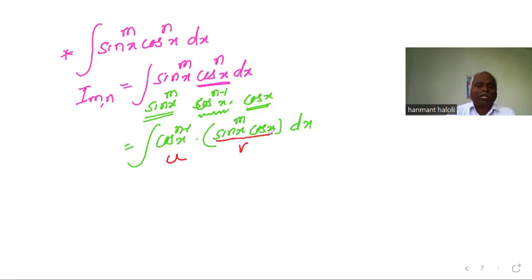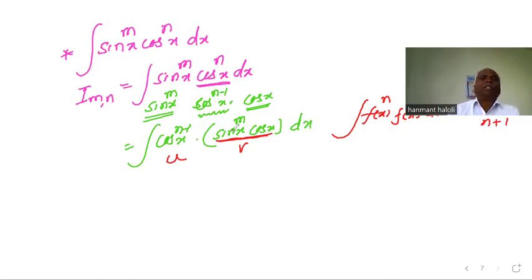Why are these two collected together? We have one standard integral formula: the integral of f of x raised to n into f dash of x dx is equal to f of x raised to n plus 1 upon n plus 1, where the power is increased by 1. This is the standard integral formula, and it is easily integrable.